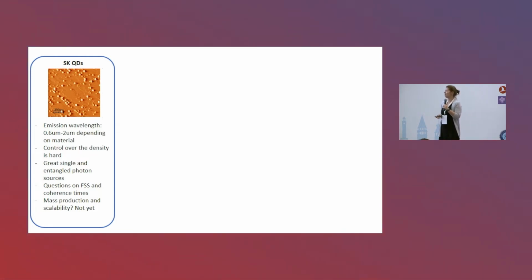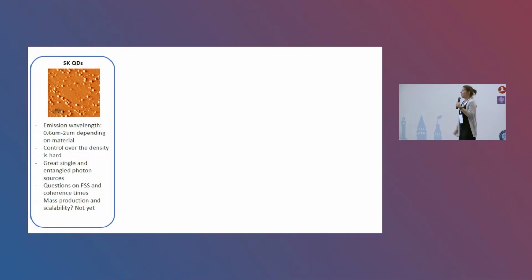I'm slightly older than them, so about 35 years ago. And first of all, people started showing those spectra of ensembles of quantum dots. And then eventually, after whatever 20 years, we ended up showing individual lines and started working with those individual lines.